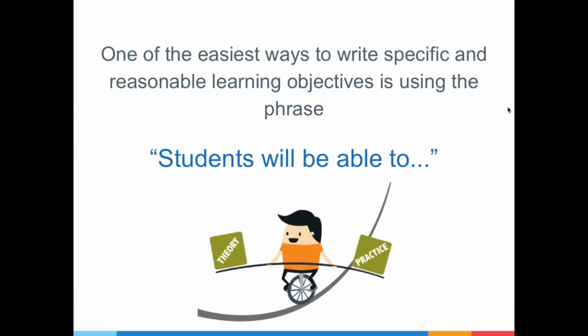So one of the easiest ways to do this is just to think about this simple term, students will be able to. If I were you, I would make sure to jot this little term down because we will be using it for the rest of this webinar. And by using this term, students will be able to, we're able to put theory into practice and balance what we're teaching with what students need to know and what we need to know in order to assess them.